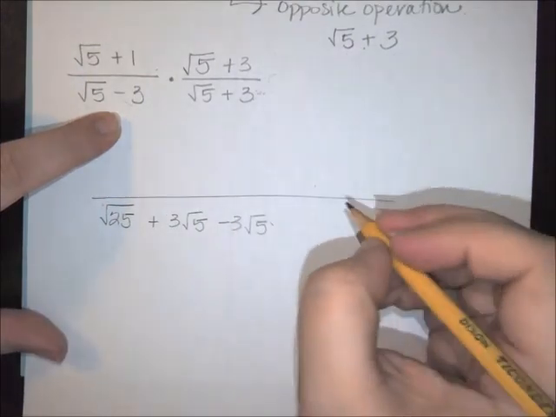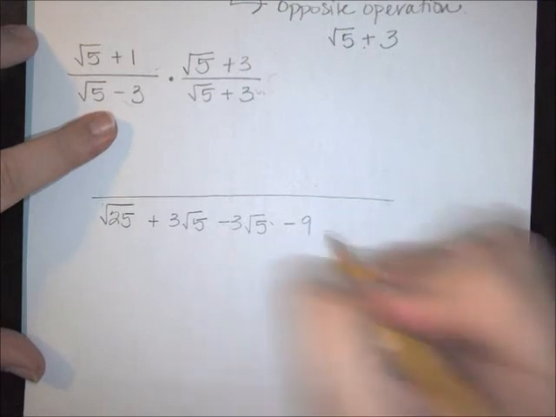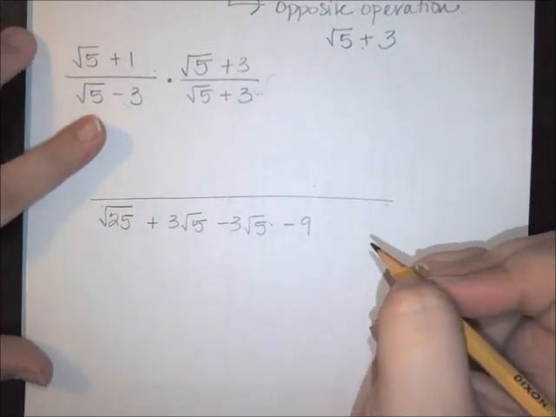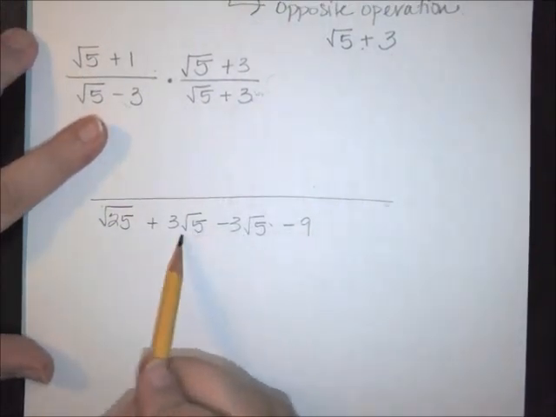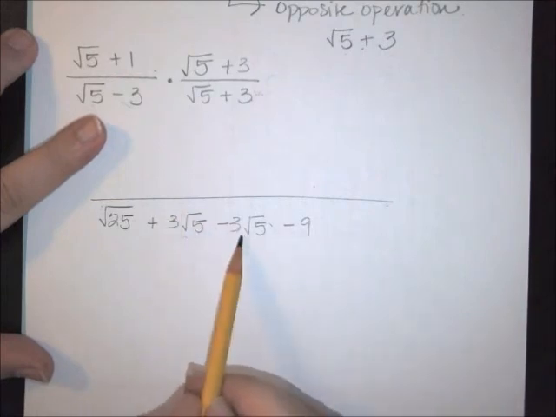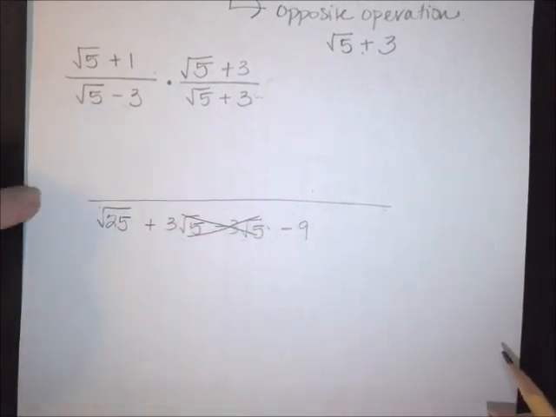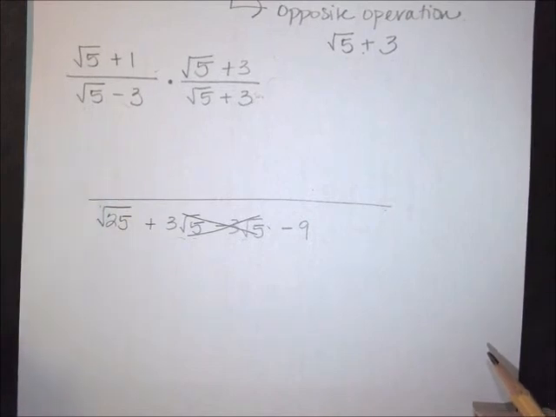Then you have last. Negative 3 times 3 is a negative 9. Now what you're looking for is that this middle term completely disappears. So 3 square roots of 5 minus 3 square roots of 5, this part goes away. So I already instinctively know I've done it correctly, so we can go ahead and multiply the top.